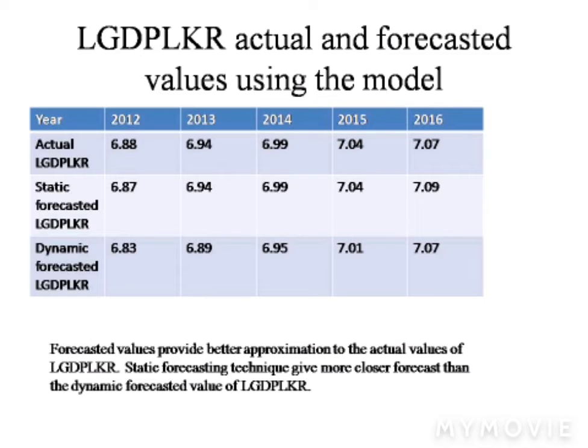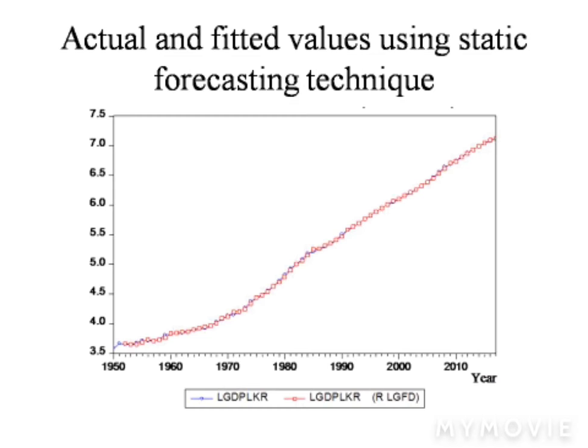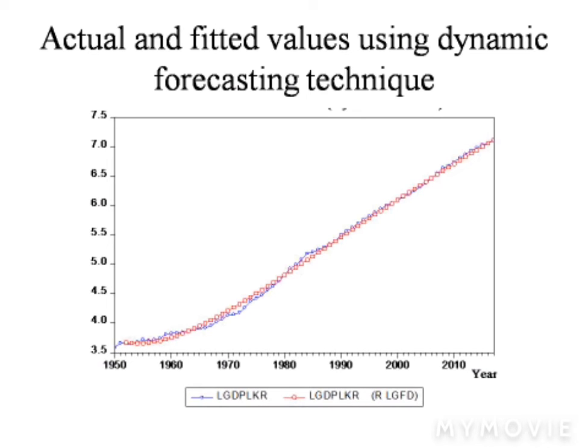Accordingly, from these figures you can identify that we can obtain close forecasted values for GDP in the country by using both forecasting methods. Then we consider a graphical presentation of the actual and static forecasted values. You can observe values coincide approximately. After that, we look at dynamic forecasted values with actual values.